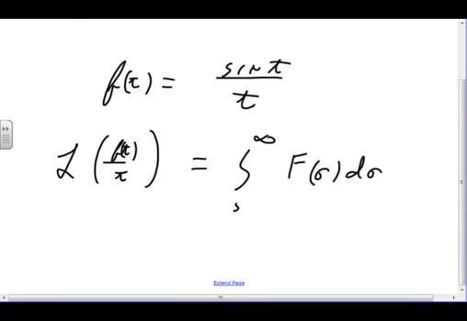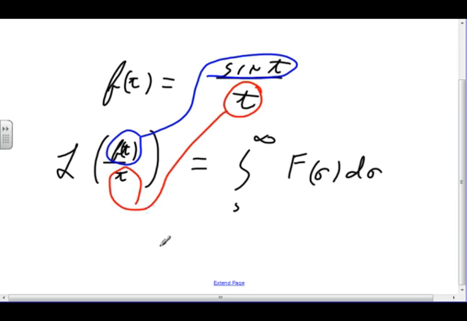So that means that that guy is that guy there, and this guy is this guy here. So I need F of s, and that's going to be 1 over s squared plus 1. I just take that off my Laplace transform table, number 8.